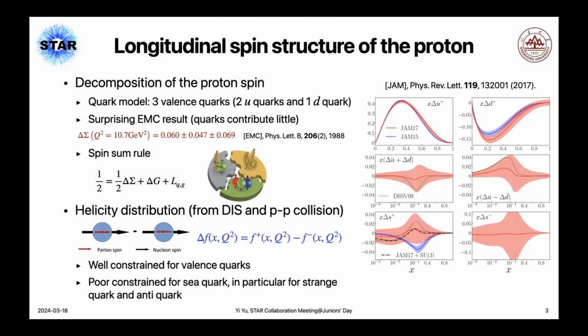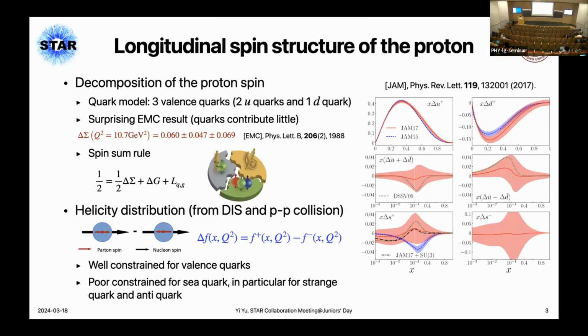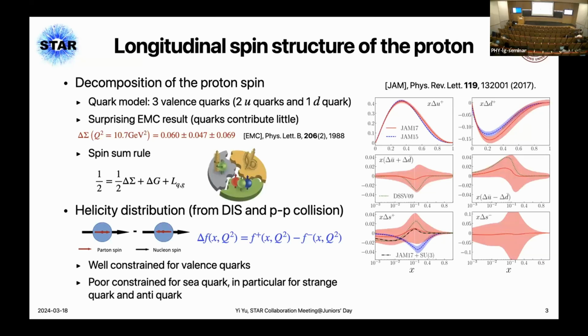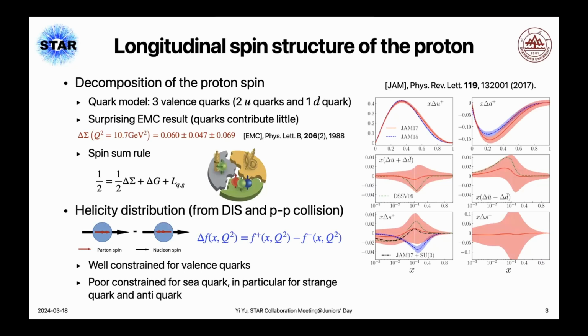The decomposition of the proton spin: the naive quark model tells us that the proton is composed of 3 valence quarks, namely 2 U quarks and 1 D quark. The proton spin is given by the 3 spin-1/2 quarks, which gives you a spin 1/2 of the proton.